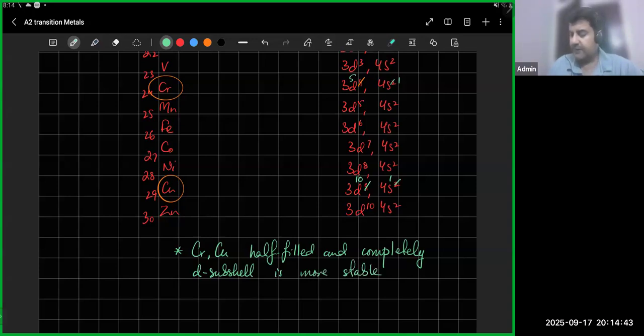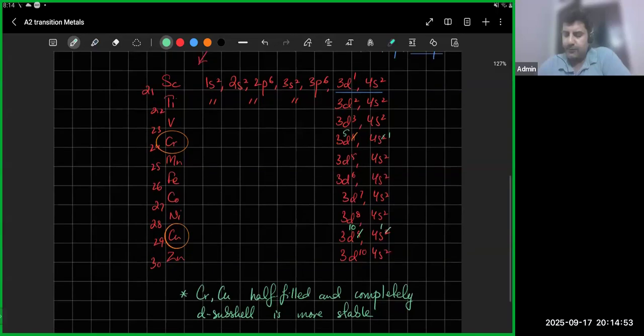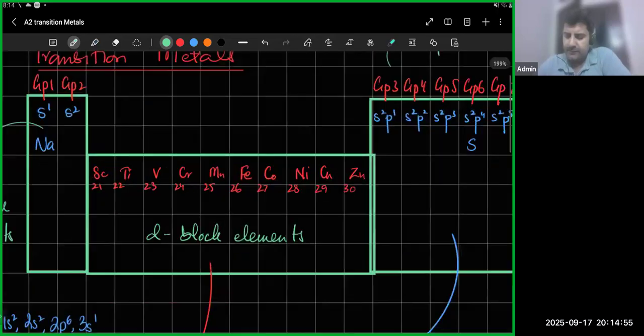Basically, that's the electronic configuration they like to have. So copper would have been 3d9 4s2, but it's actually 3d10 4s1.